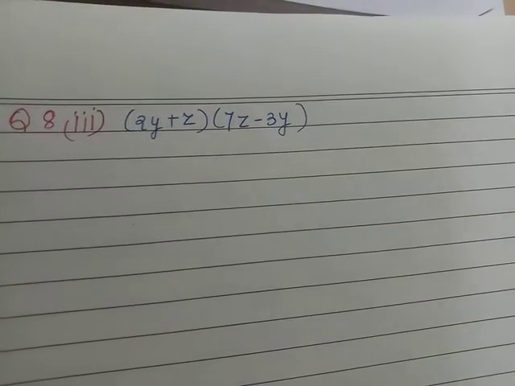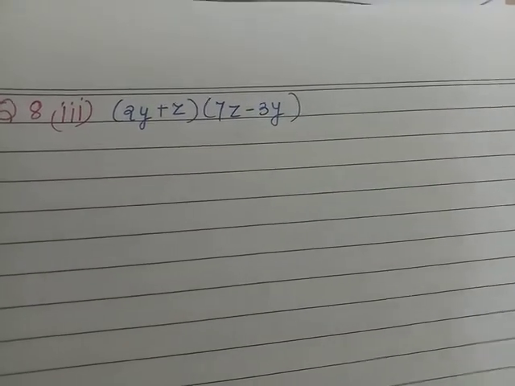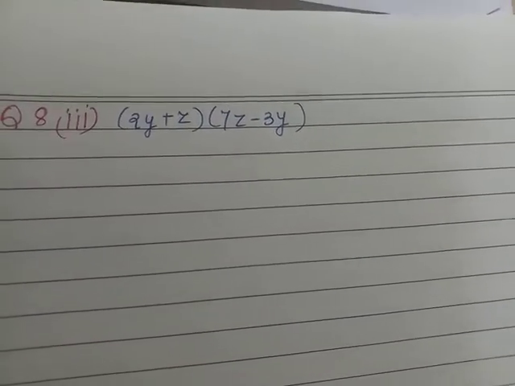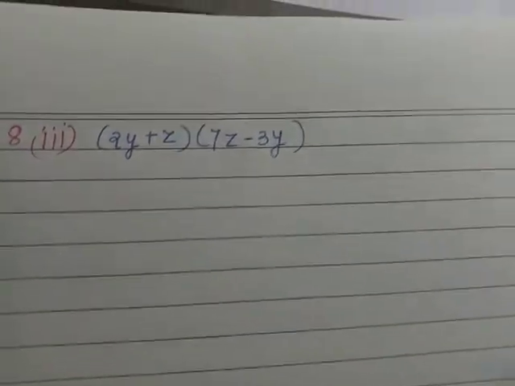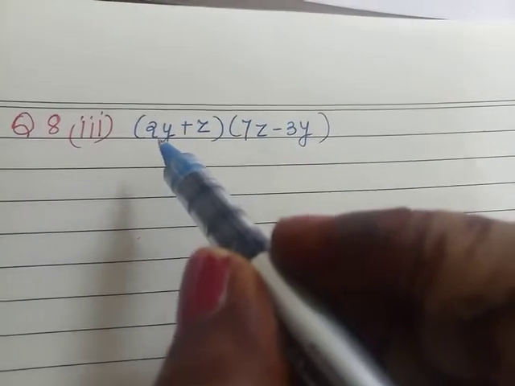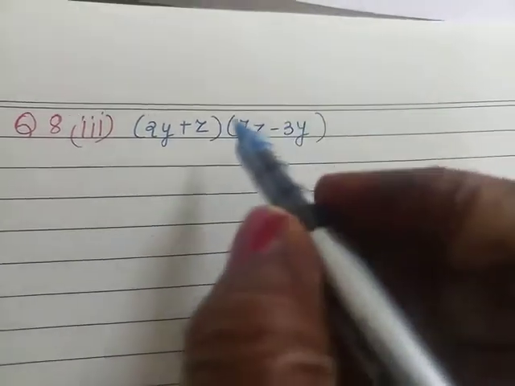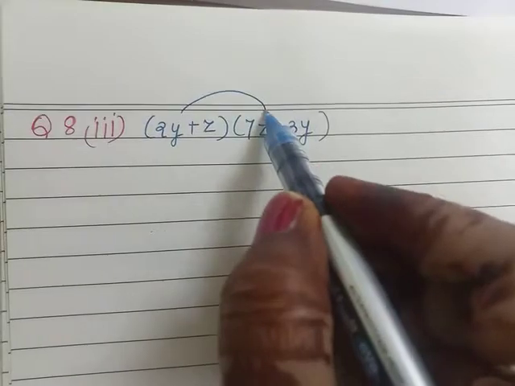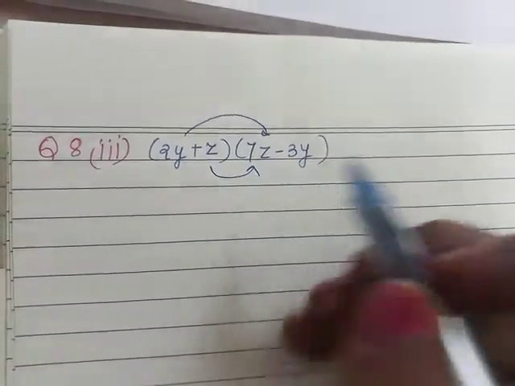For question number 8, 9 and 10, we are going to use the distributive law instead of using the identity. So it is 8, third part, 2y plus z into this. That means 2y is being multiplied with this, as well as z is multiplying.